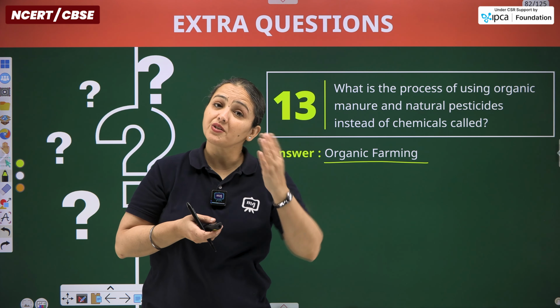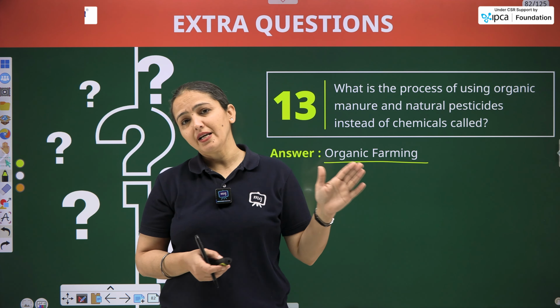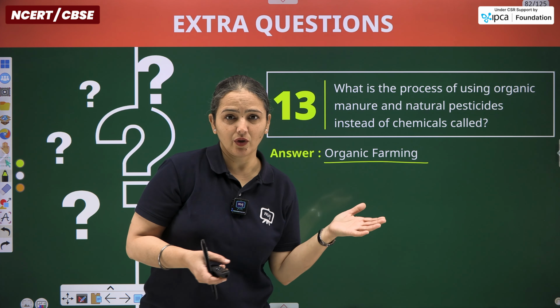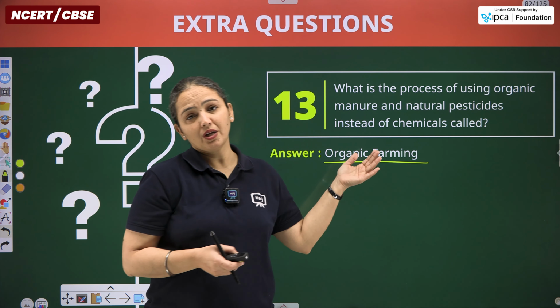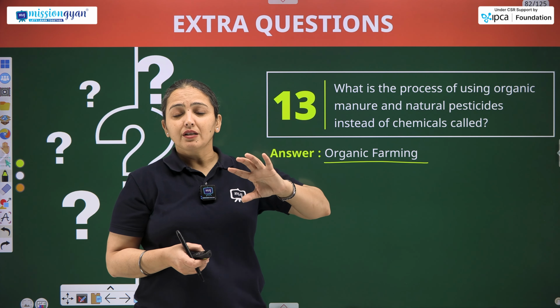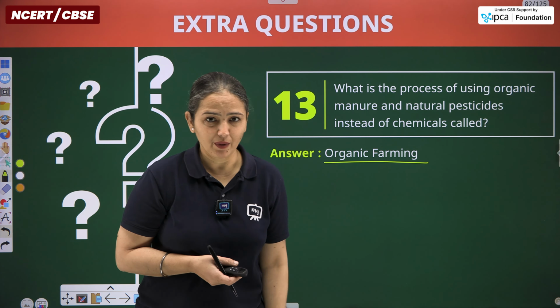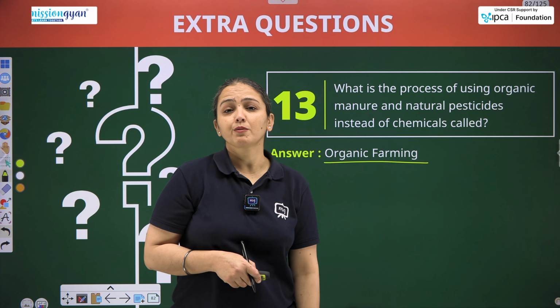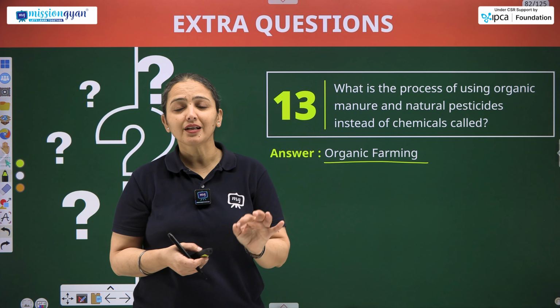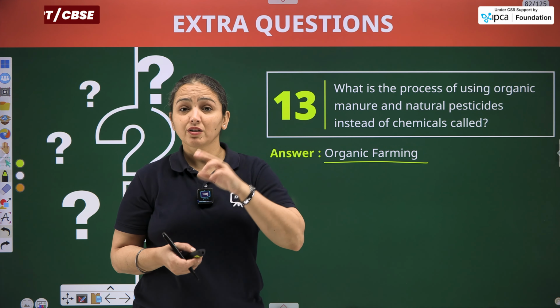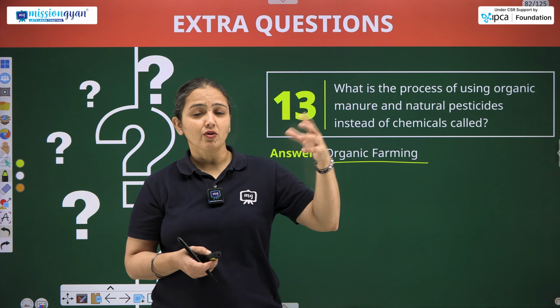So, whatever is present in nature, we are utilizing that. And it is quite healthy farming, because whatever produce is obtained from organic farming is quite a healthy version of modern day farming, and it is sold at good prices, because nowadays you can't find a single crop that is grown without the help of technological advancement in terms of pesticides, fertilizers, organic manure, that is urea, etc.